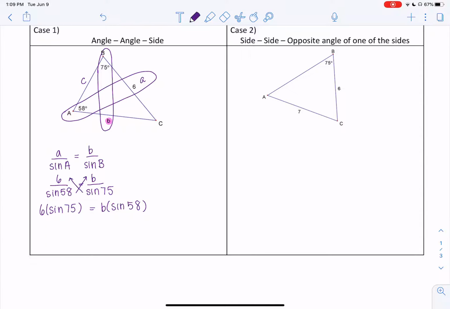And now I want to get b all by itself, so I'm going to divide this side by sine 58, and I'm going to divide this side by sine 58. The reason why I'm holding off on turning these into decimals is just to avoid rounding error. It's a good idea with this stuff to save your rounding until the very last step. So now I'm just going to put this into my calculator.